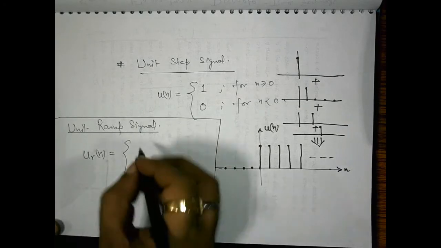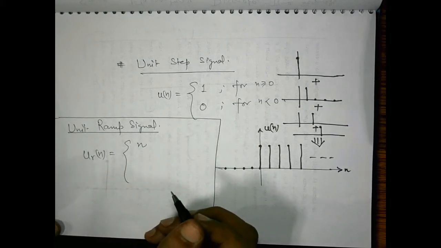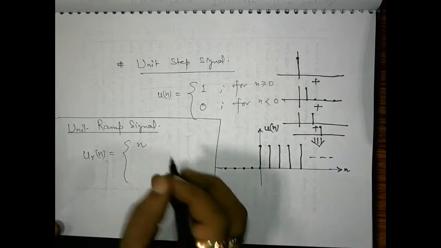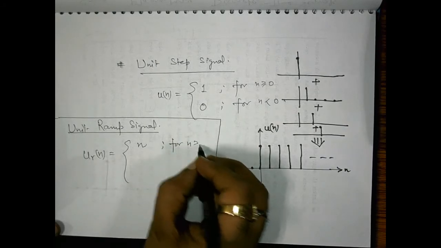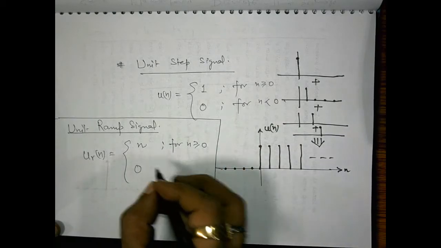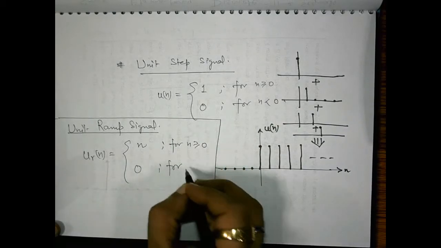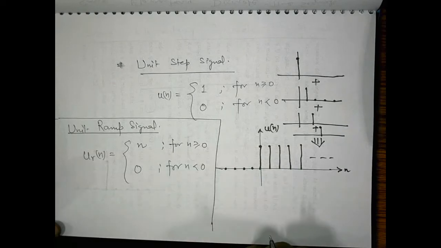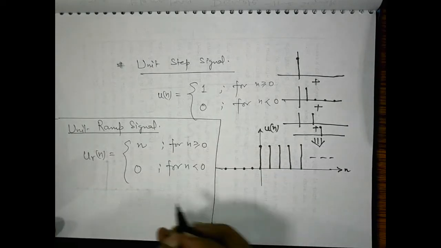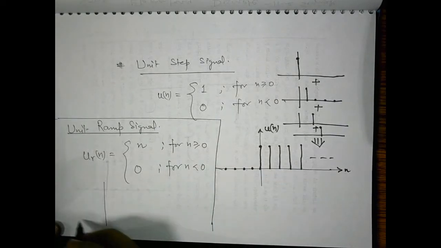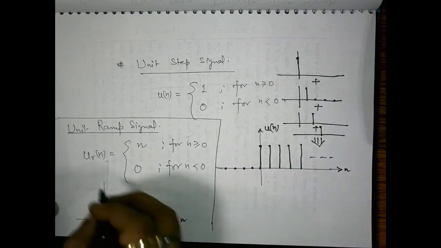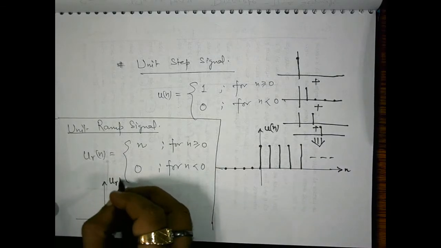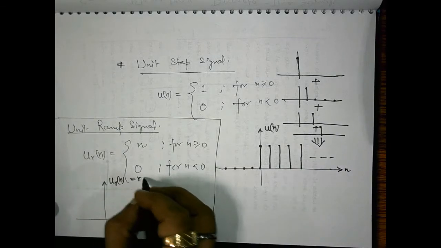It has value n for n greater than or equal to 0, and it has value 0 for n less than 0. So you can very easily represent this signal graphically. This is n and this is ur[n], or sometimes it is also represented as r[n].